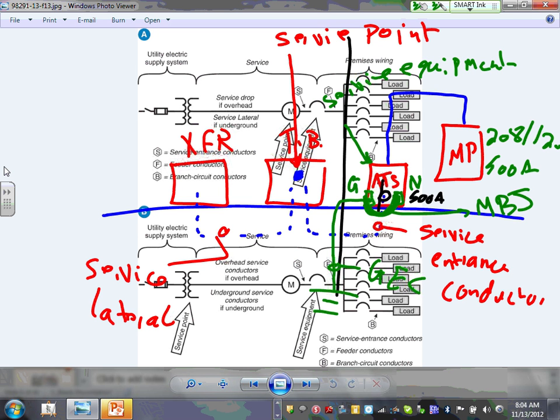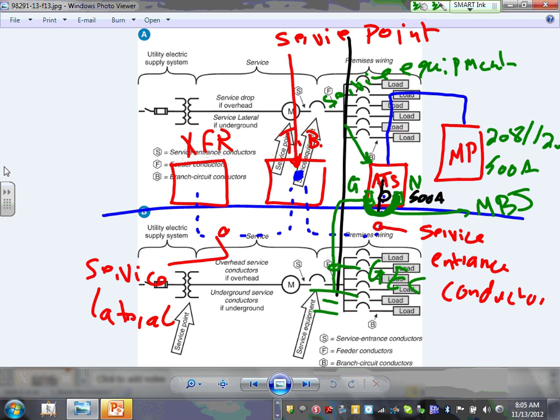Number one, the neutral and the ground are bonded together with a piece of wire that's called main bonding jumper. The ground bar is going to the ground through a wire that's called grounding electrode conductor. You have sized these before. And the service entrance equipment has to have a disconnect sized appropriately based on the load.